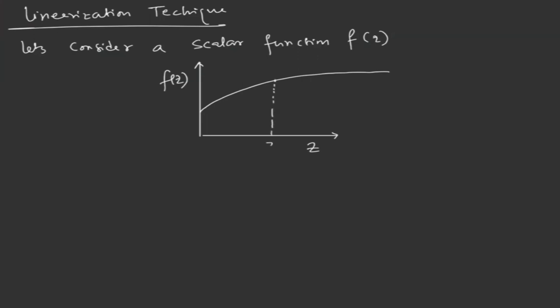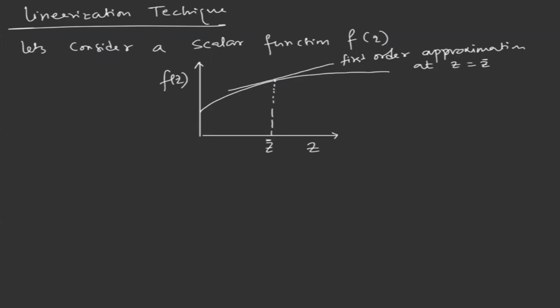For example, this is my reference point, or you can say the equilibrium point. Around this point, we'll approximate this nonlinear function, which is basically a first order approximation, at z equal to z bar.